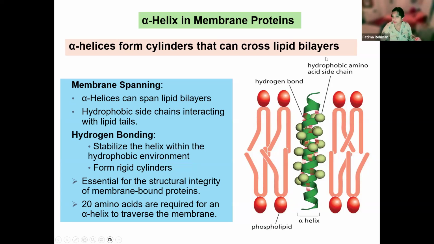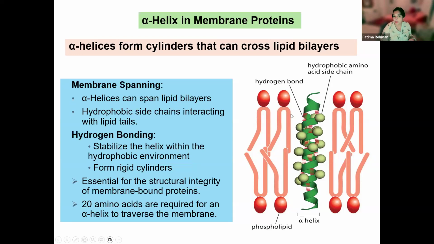They don't have to be, they could just be partially embedded, right? So they could be on one side or the other. To span the entire bilayer would be about 20 amino acids. To traverse the membrane partway, 10 would take you to where it is either on the cytosolic side or the extracellular side, one or the other side of the bilayer.